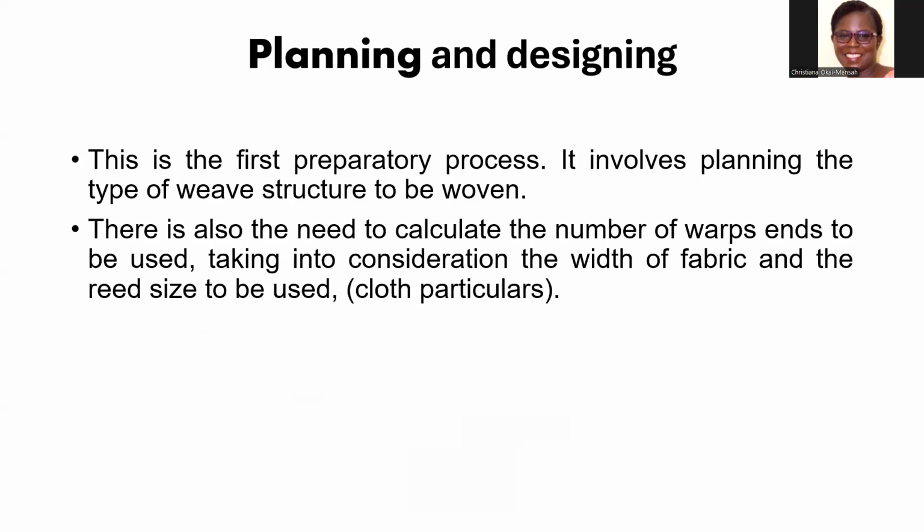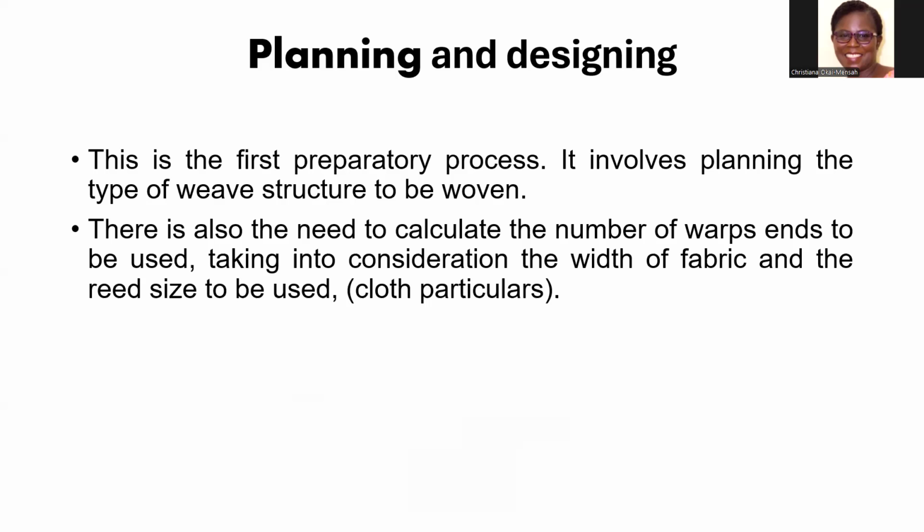So let's see, if you talk of planning and designing, what is it? This is the first preparatory process. It involves planning the type of weave structure to be woven. There is also the need to calculate the number of warp ends to be used, taking into consideration the width of fabric and then the reed size to be used.